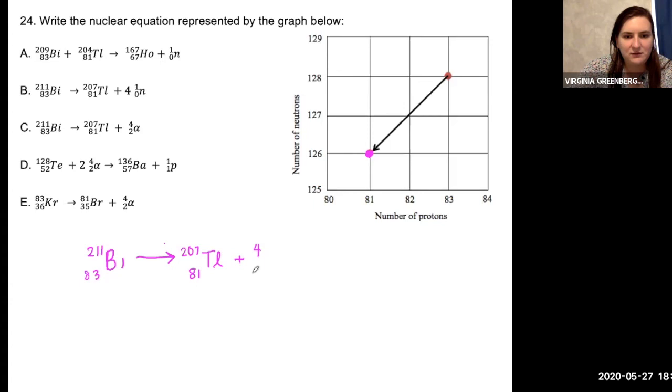And so then on bottom we would need a 2 to make our bottom numbers add up to 83 like on the left. And so a particle that loses 2 protons and 2 neutrons is going to be an alpha particle. And so this process then would correspond to answer choice C.